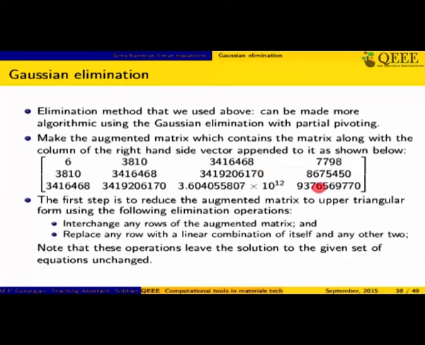For doing that, the allowed operations are to interchange any rows, and any row can be replaced by a linear combination of itself and any other rows that are available. These operations on the augmented matrix to obtain the upper triangular matrix do not change the solution.